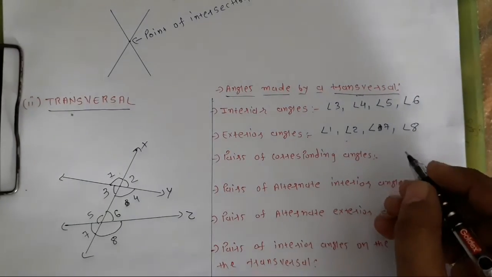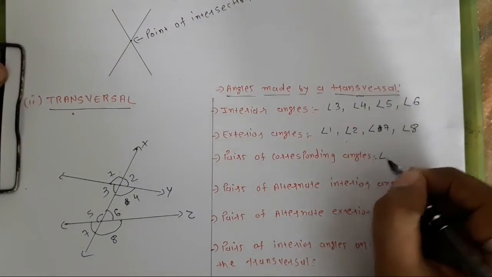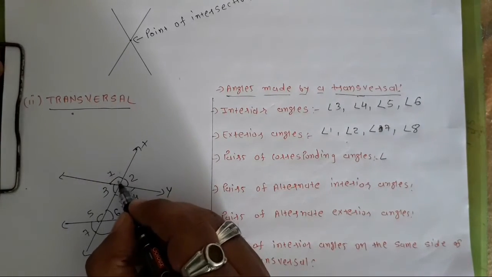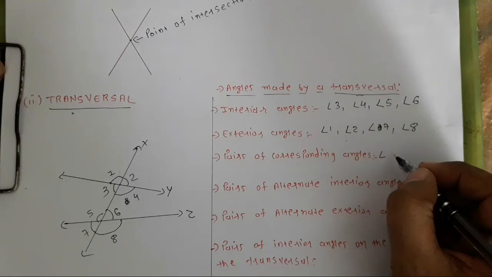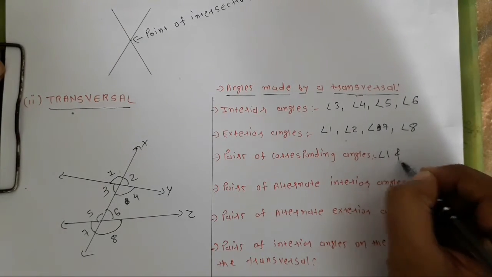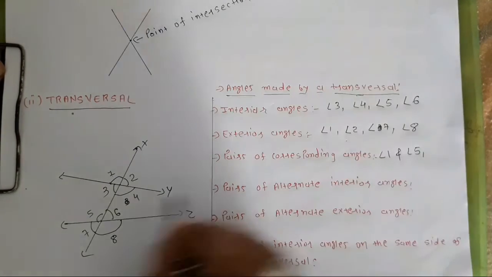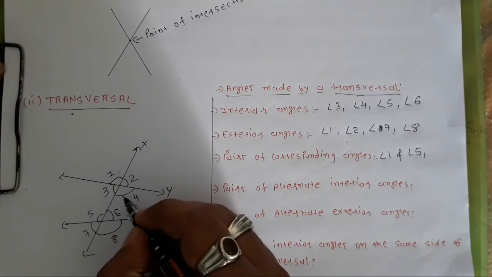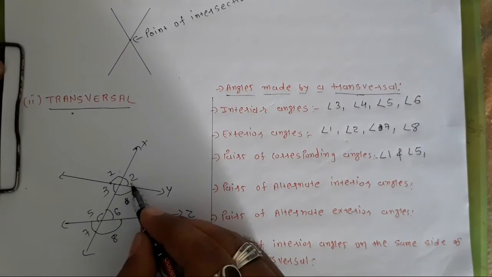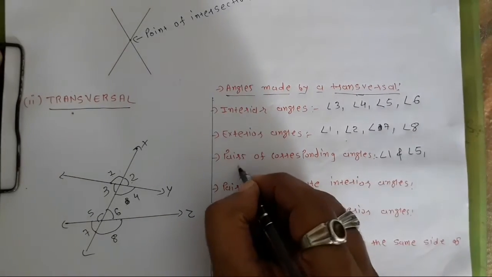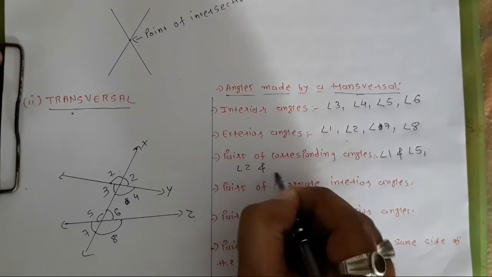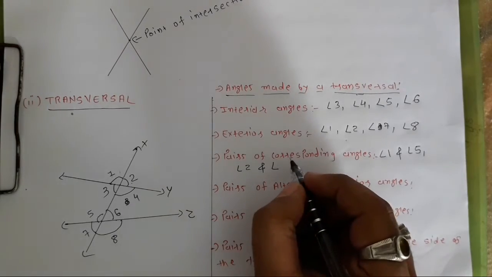Now here we can write the pairs. The pair of angle 1 and angle 5: both angles are corresponding to each other. Now on the RHS, angle 2 and angle 6 are both on the same position and same side, so that is my next pair, angle 2 and angle 6.